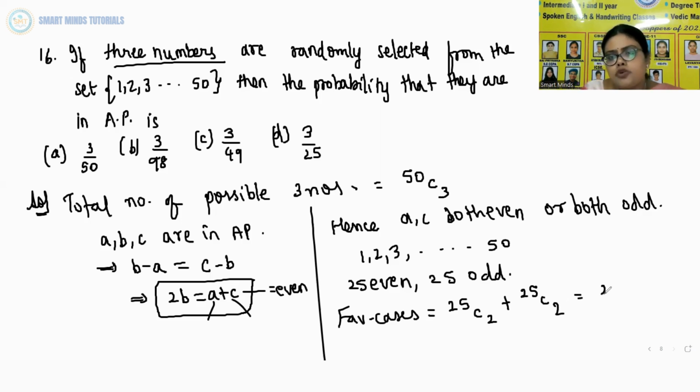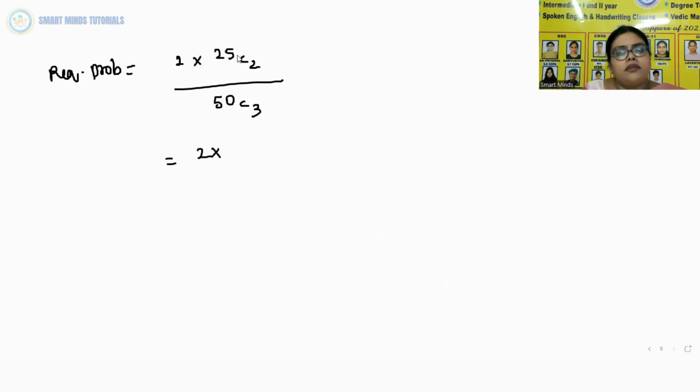So that is 2 times 25C2, right? So what is the required probability? Number of favorable outcomes by total number of outcomes. So that is 2 into 25C2 by 50C3. How to solve this?